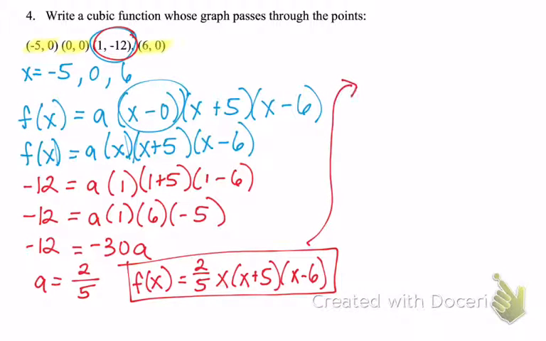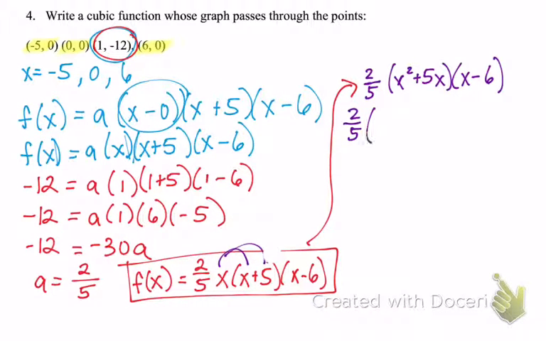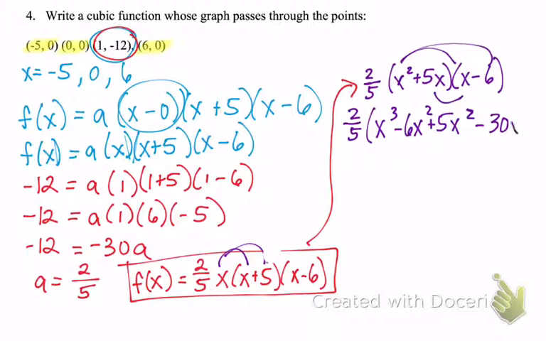If I want to actually FOIL this out and get standard form, I'm going to leave the 2/5. So 2/5, I'm going to distribute the x to be (x squared plus 5x)(x minus 6). So I just distributed this x right here. And so then I'm going to multiply again. So 2/5(x cubed minus 6x squared plus 5x squared minus 30x).